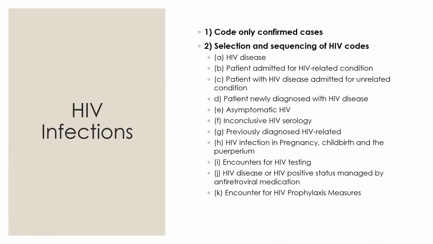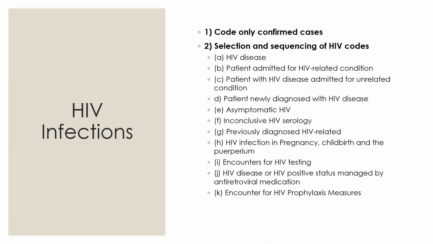Code Z11.4 is for the screening that should not be assigned if there are signs or symptoms present. If the test result ends up being negative, Z71.7 for the HIV counseling should be assigned.